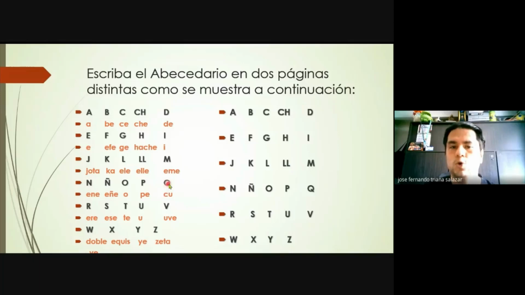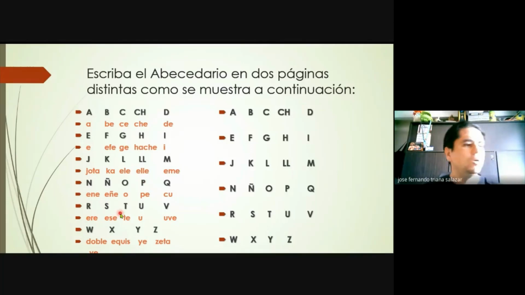Q. And for example, in English, P and T are explosive. In Spanish, that doesn't happen. You say P, T. Okay?